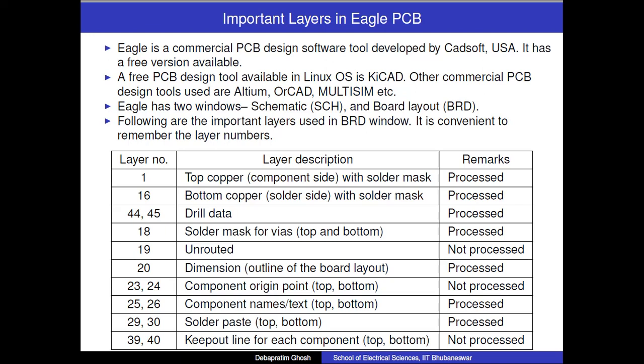Keep out is a line that exists around every component, kind of like a Lakshman Rekha, so that no other component must breach that line and come inside. That means that the keep out line is designed to maintain adequate distance between two components.